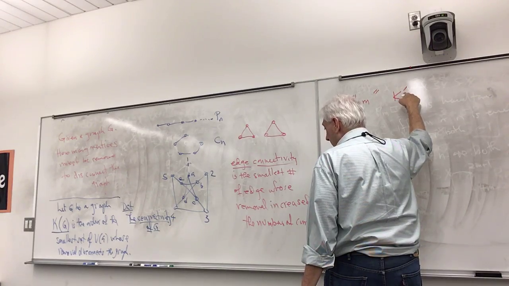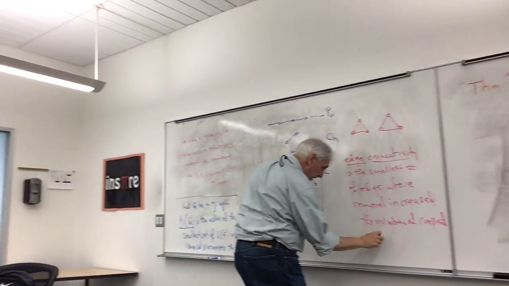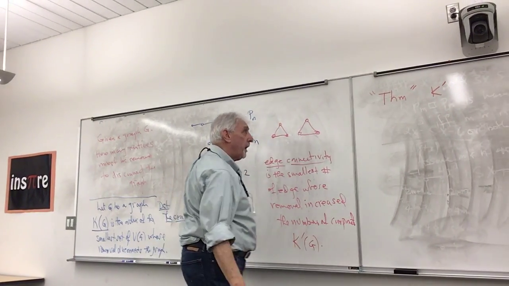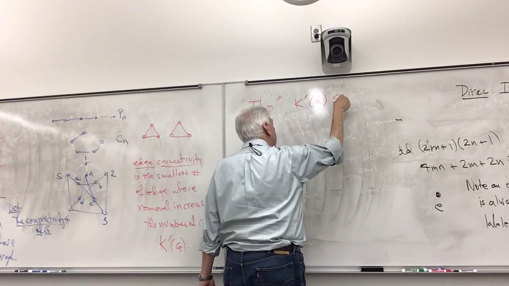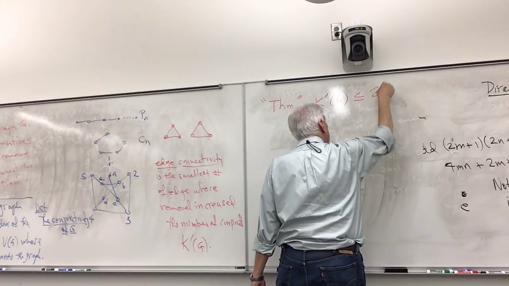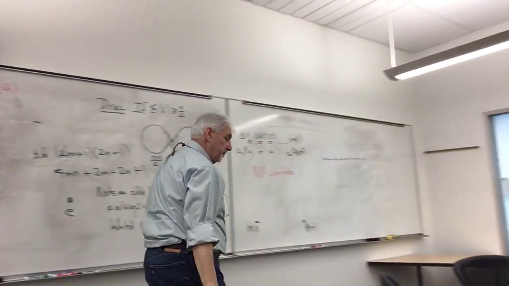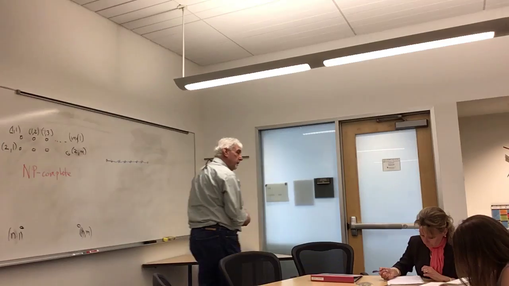Did I tell you that that's kappa prime? No. Kappa prime of G is less than or equal to the min degree of G. Why is that?